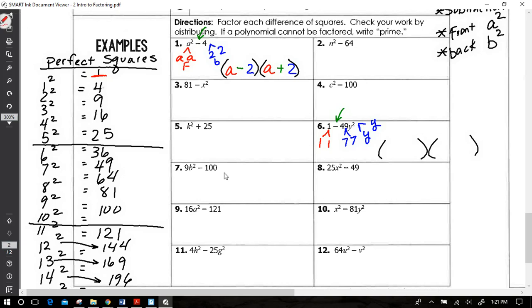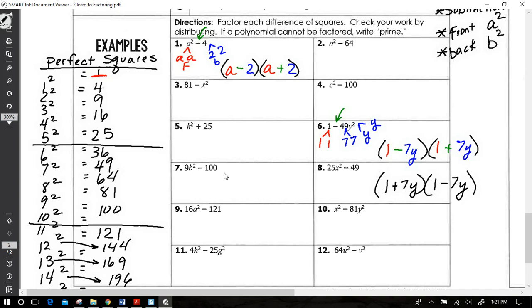Okay, so 1's in the front, 7 and a y, 7 and a y, and then minus, plus. Now, if you write your signs the other way around, let's say your answer looked like 1 plus 7y and 1 minus 7y, that is totally okay to switch those around.